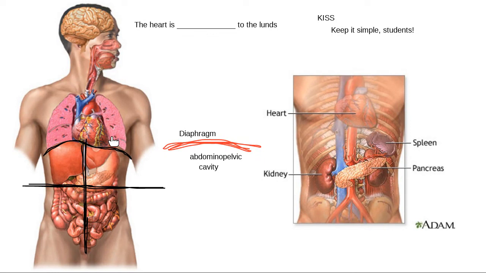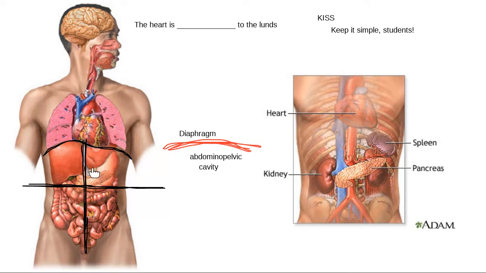So here's the important thing with this. You should never, ever tell me a quadrant for the heart. The heart is not part of any of my quadrants. You should never tell me the quadrant of a lung. The lungs are not found in my quadrants. The quadrants only apply to organs that are inside the abdominopelvic cavity.